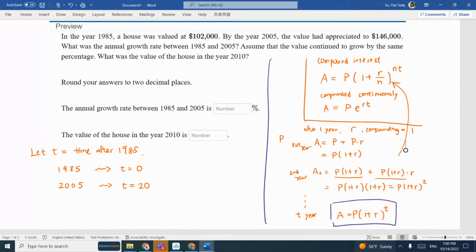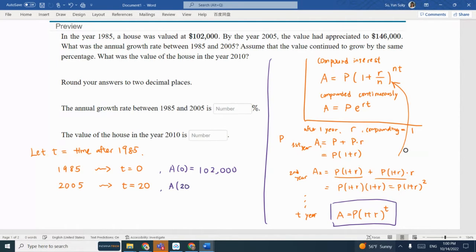So this is one of your homework problems. Some of you might have this homework, some of you might not, so it's good to look at this together. This is the formula we are using, and we know at 1985 t is 0, and the amount when t equals 0 is 102,000.